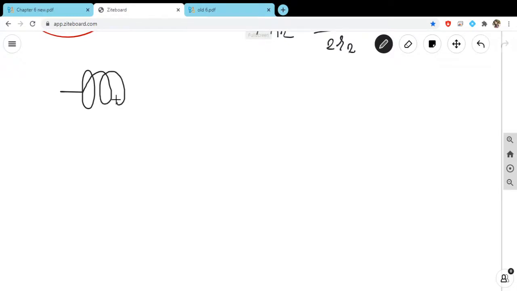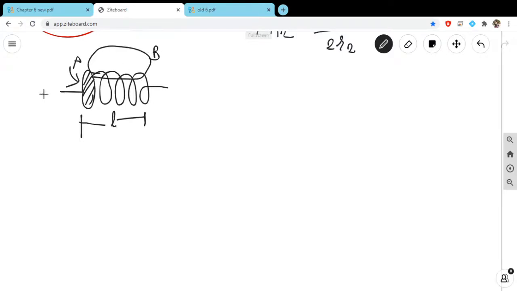So this is a solenoid for an example, and the length of the solenoid is say L, and the cross sectional area say it is A, okay, and the magnetic field that is produced in the solenoid say B, and the steady current flowing at the moment is I.